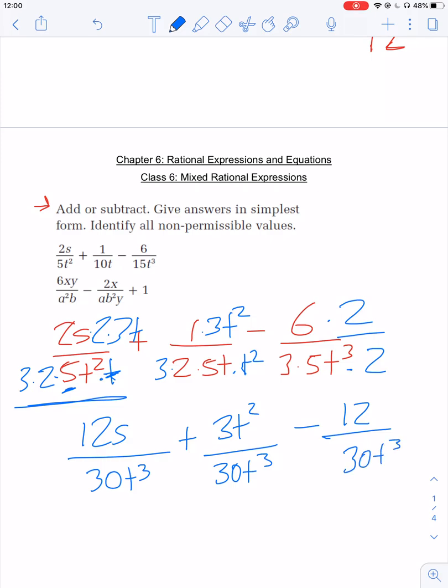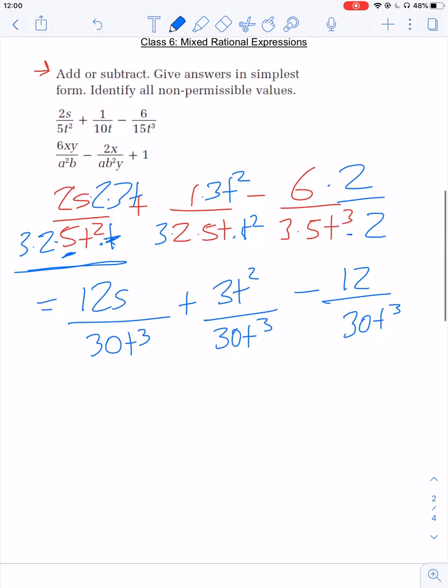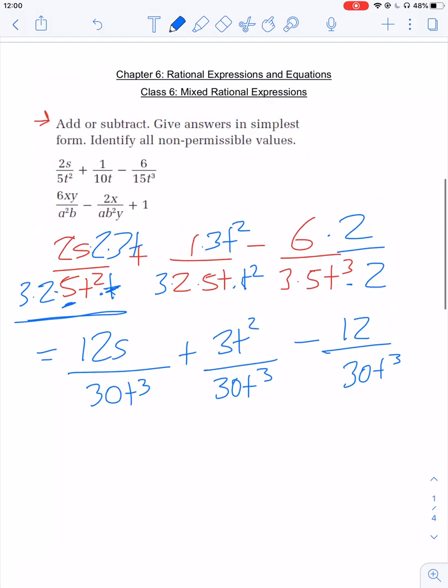So my next step is, now that I have the same denominator, I'm probably going to have to add another page, which is fine. So now I can just combine everything together, and hopefully I can find some like terms, but that's unlikely.